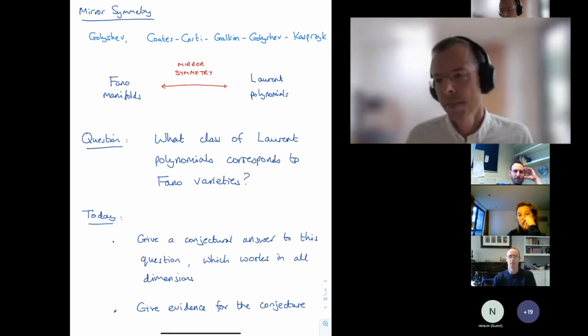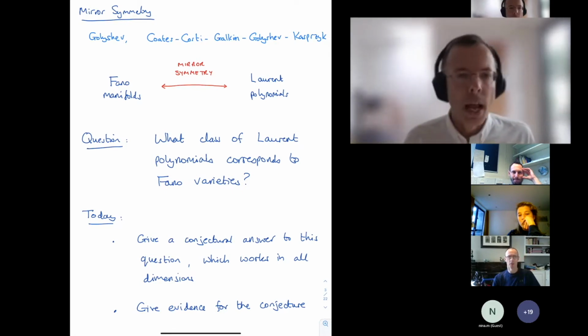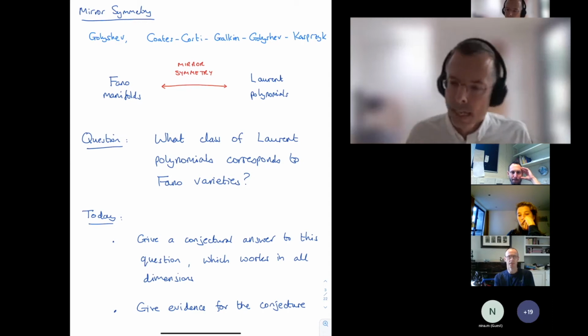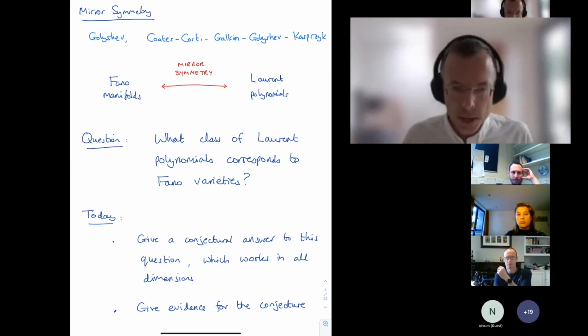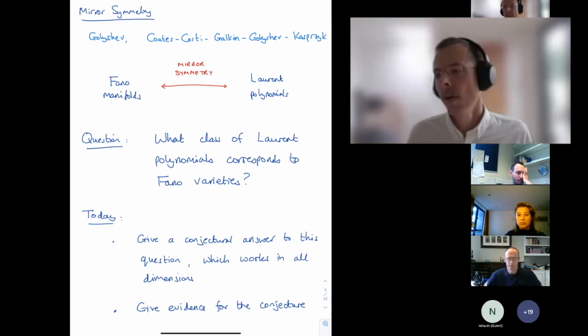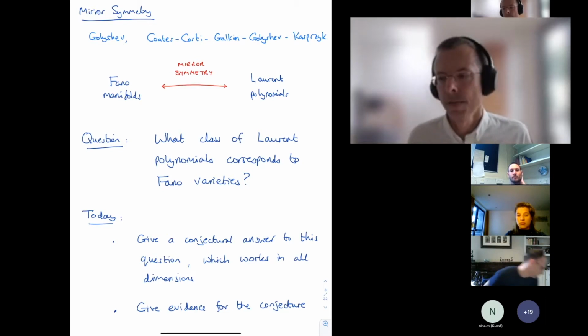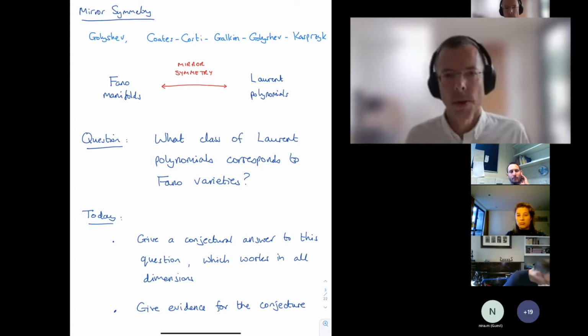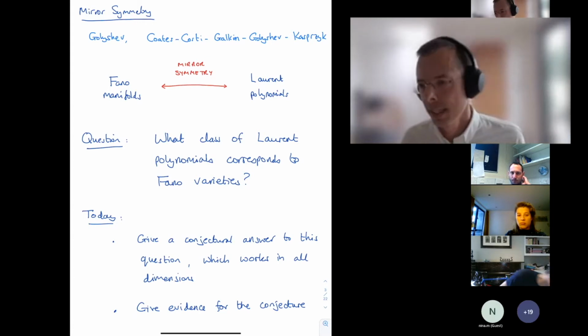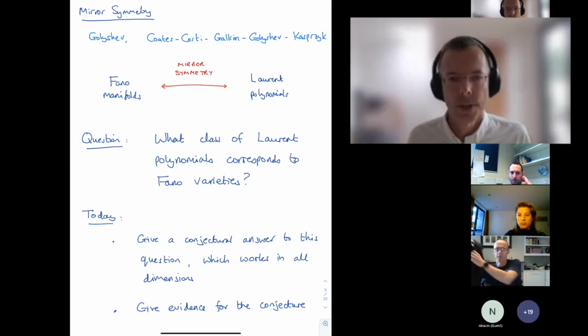And this has been quite a productive line of investigation, but it raises a large question, which is, okay, so what class of Laurent polynomials correspond to Fano manifolds? Or more generally, what class of Laurent polynomials correspond to Fano varieties with certain singularities under mirror symmetry?